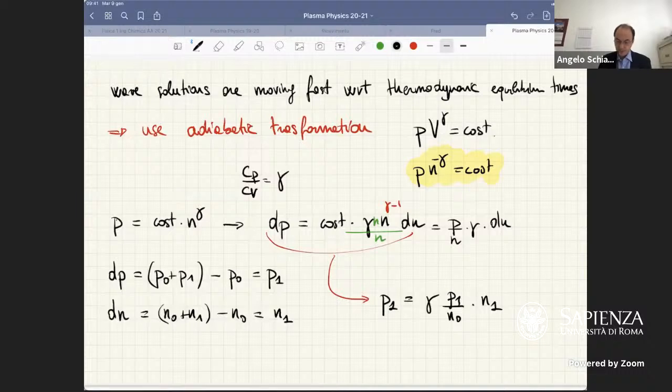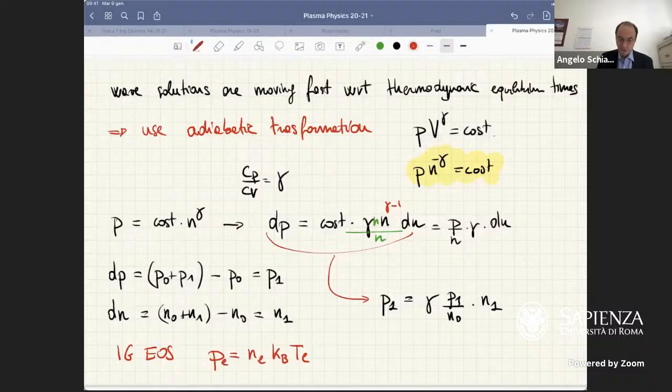Is that correct? There's P1, and we have to use the ideal gas equation of state. For the ideal gas equation of state, we know that the pressure is equal to the density of the electrons times kB, the Boltzmann constant, times the temperature of the electrons.